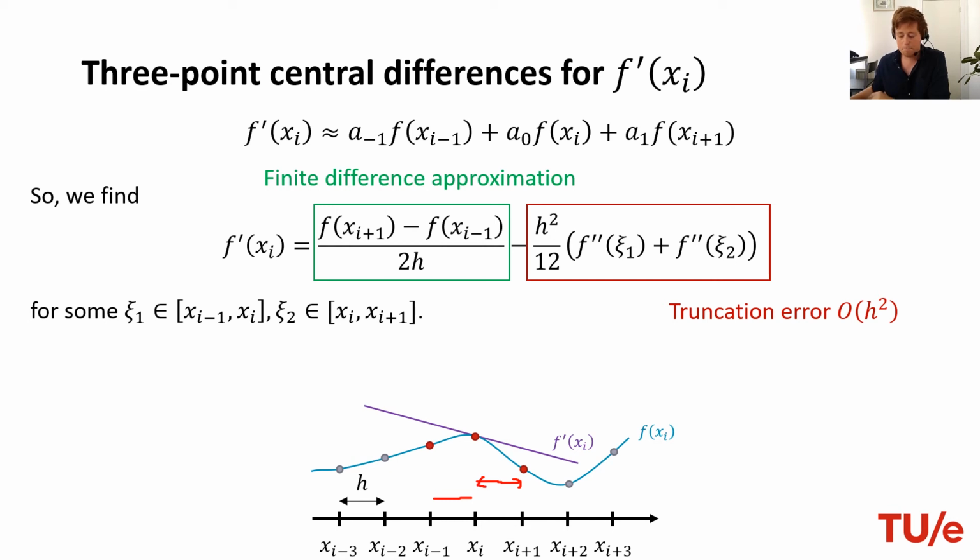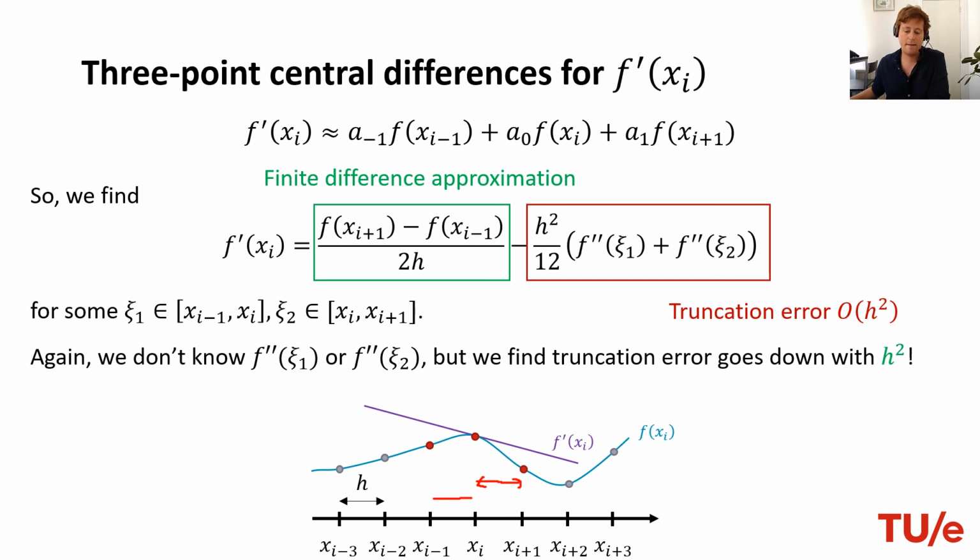It's important to stress that we don't know the actual constants, the multiplicative factors that go into there, but we know that the truncation error is proportional to h squared.